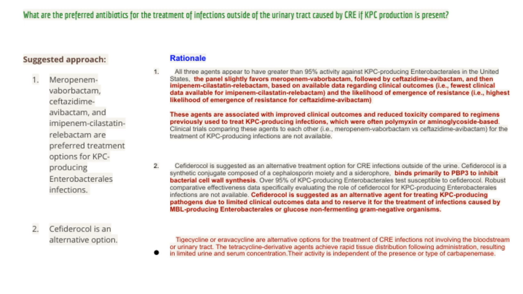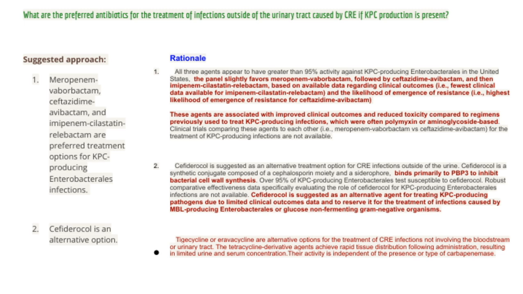To summarize our approach, meropenem-vaborbactam, ceftazidime-avibactam, and imipenem-cilastatin-relebactam remain the preferred treatments for KPC-producing Enterobacterales infections. And cefiderocol serves as an alternative, especially when other options are limited or resistance concerns arise.